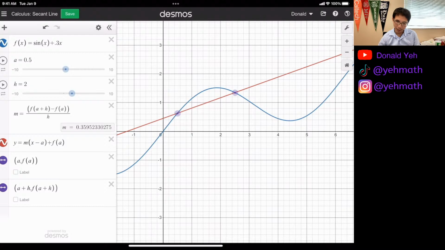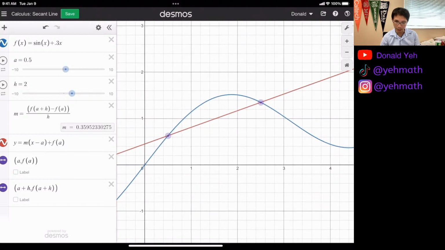Okay. So basically, I want to find the slope at 0.5, right? On Friday, we mentioned this, except my drawing is very, very crappy compared to the actual things. So 0.5 here is the point on the left.